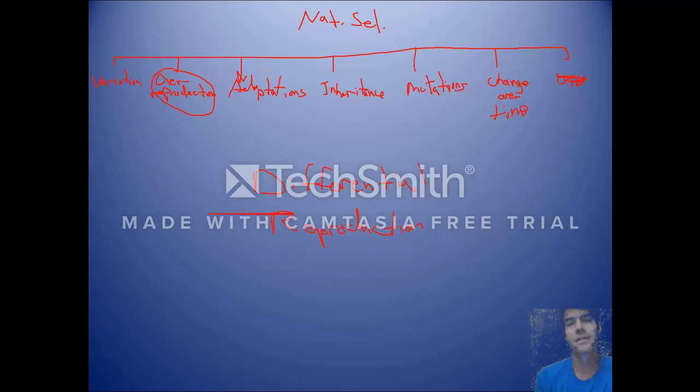Humans, our hands, being able to manipulate tools and things that make our life easier. Walking upright is an adaptation for walking over bare ground and not through trees. Inheritance: we see offspring look like their parents. Mutations: random changes in DNA occur.